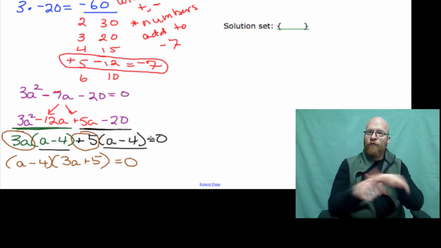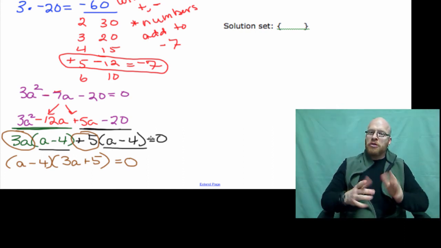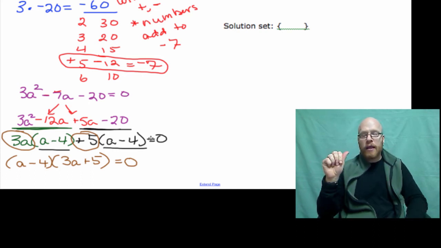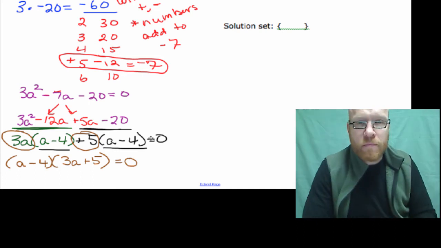Now it's fully factored. Now I set both terms equal to 0, and we'll solve for a.